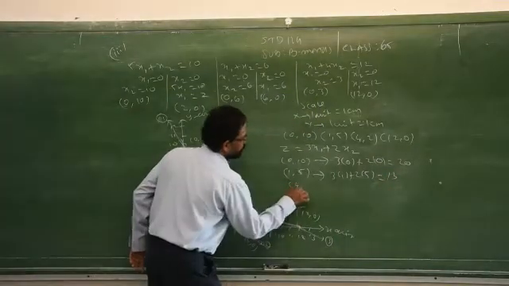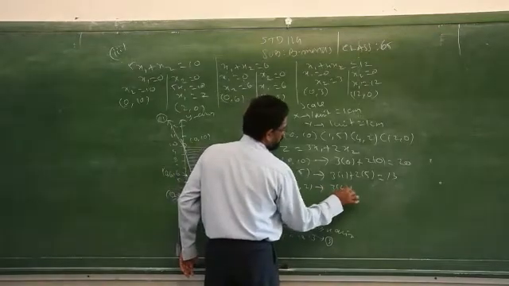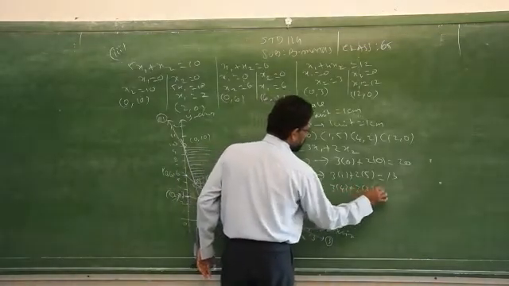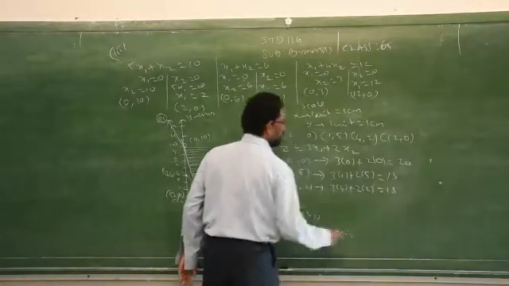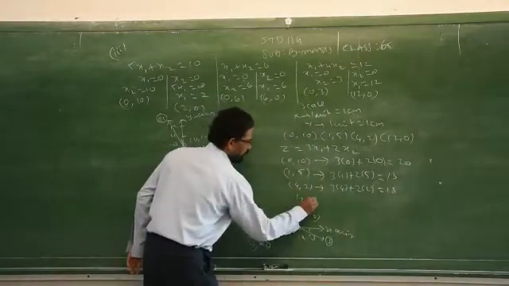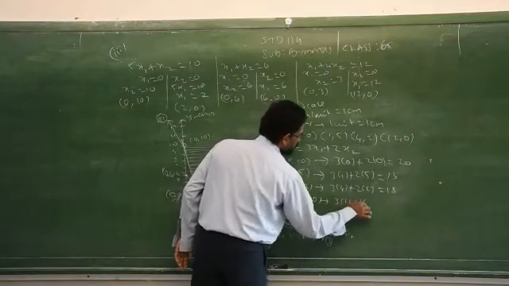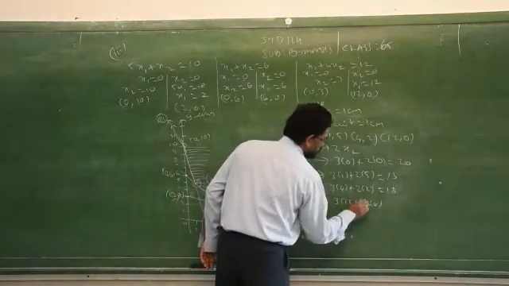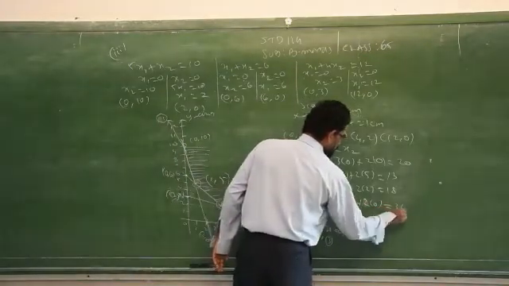Then what is the next point? 4, 2. That is 3 times 4 plus 2 times 2, 3 fours are 12, 2 twos are 4, that is 16. What is the last point? 12, 0, which will give you 3 of 12 plus 2 of 0. What is the answer? 36.